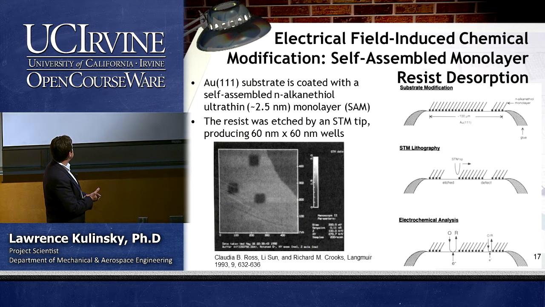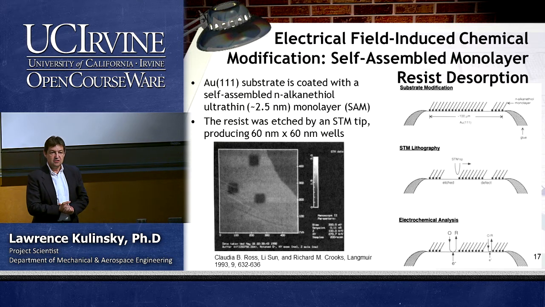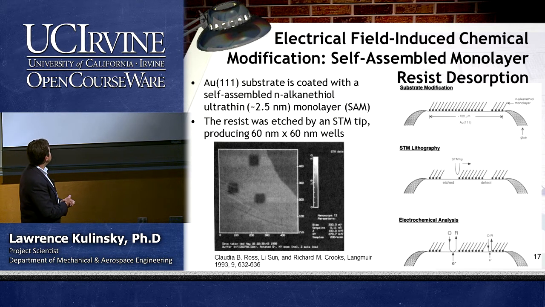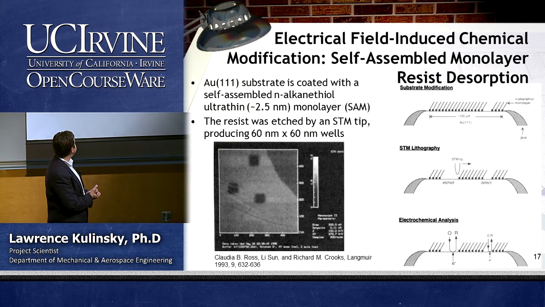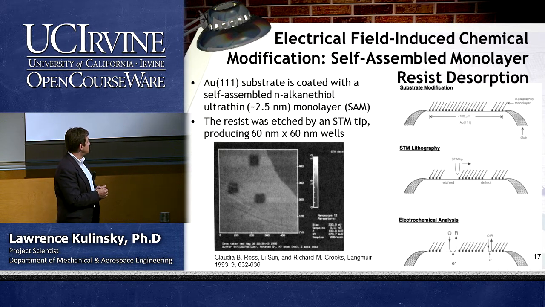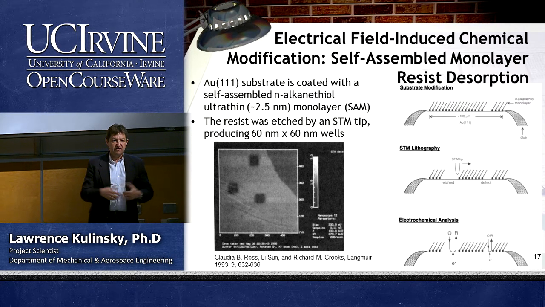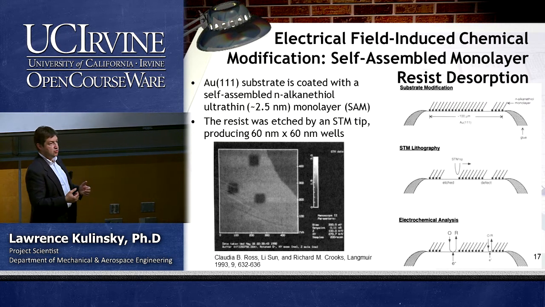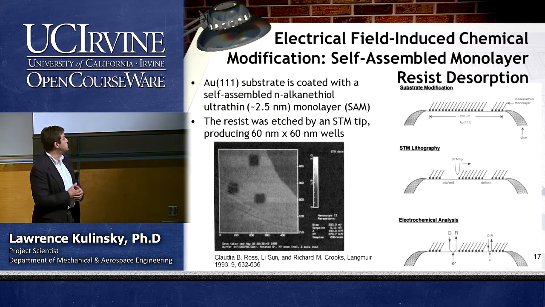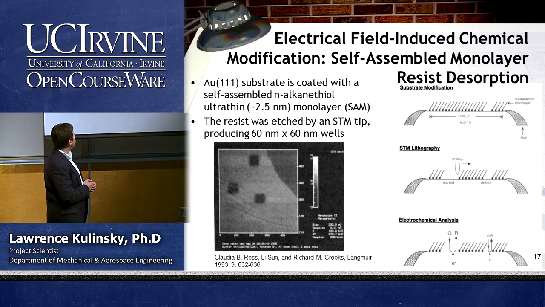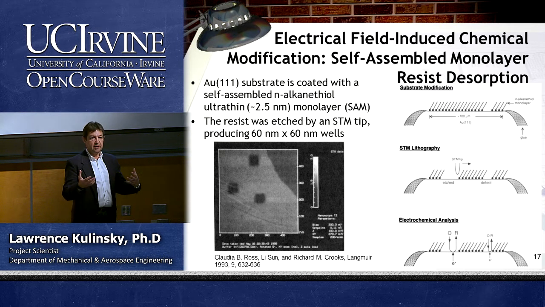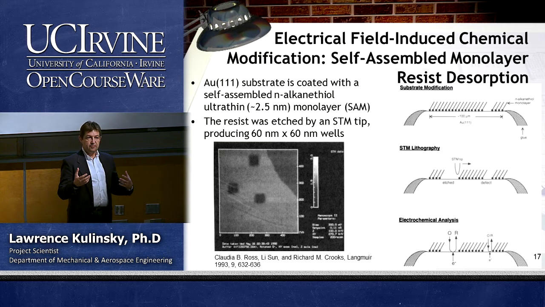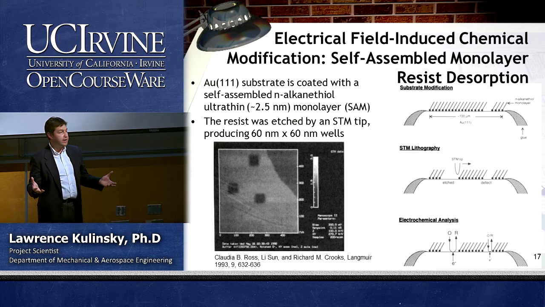Okay, so speaking about surfaces that cannot produce oxide, or alternative ways of doing lithography, we can use a very thin resist that is assembled from a self-assembled monolayer, SAM.